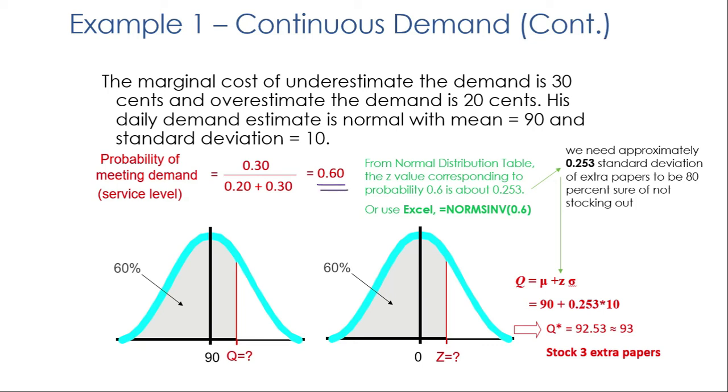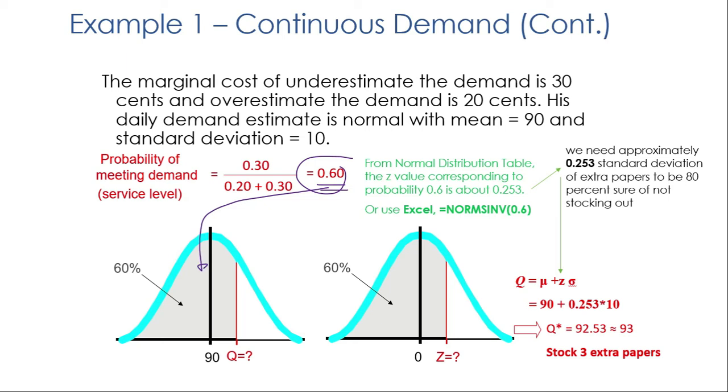Okay. So the probability is 0.6, or the chance that we can satisfy the demand is about 60%. Alright, so 0.6 is the area under the curve here.